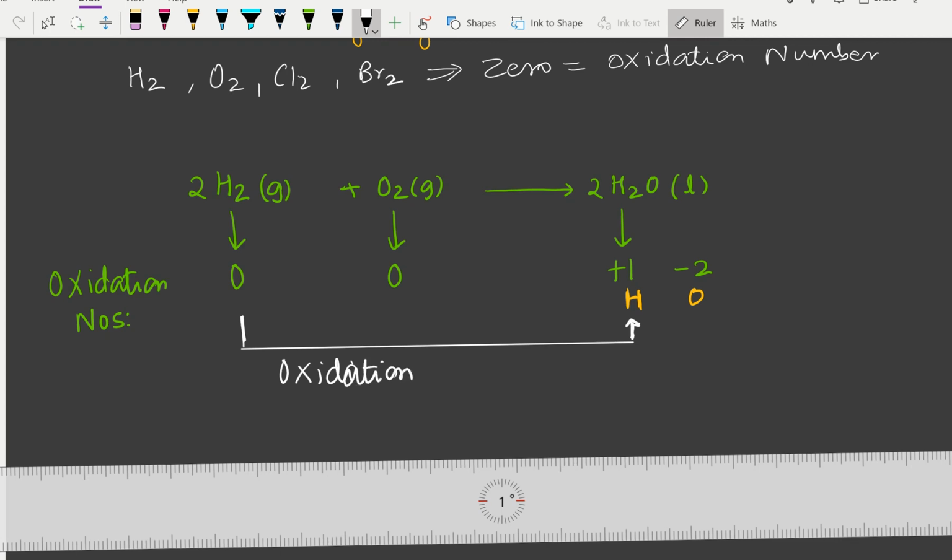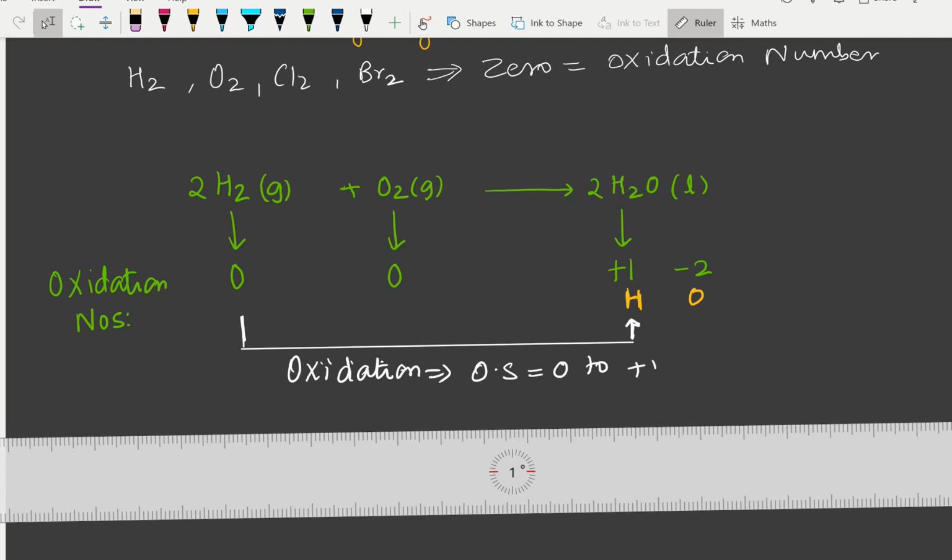This is an example of oxidation where the oxidation state, I'm just writing OS as short form, do not write OS, has gone from 0 to +1. So this is oxidation.